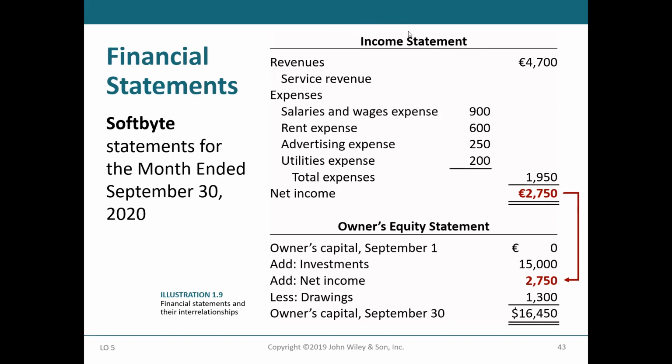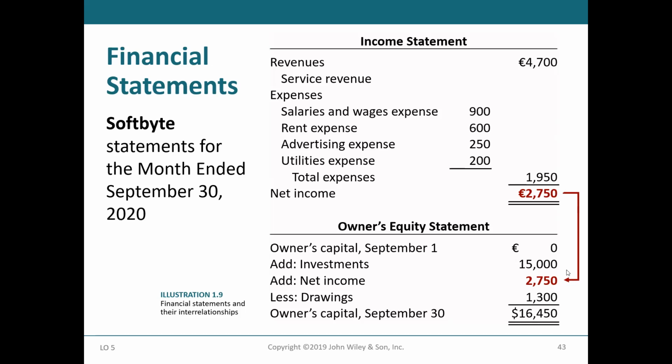you need to write the name of the company and the date that this income statement is made. And then after we prepare the income statement, we then prepare the owner's equity statement. Remember, owner equity is influenced by owner capital, net income, and drawing. Owner's capital at the beginning we have 0. When the owner invests 15,000, we add investment 15,000 and add net income. Where did we get this net income?